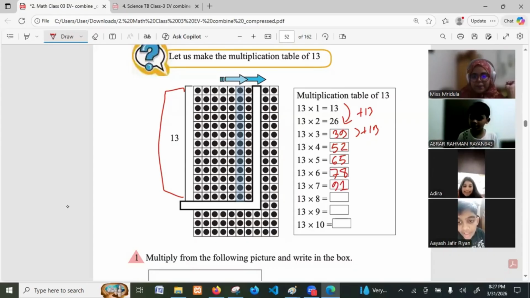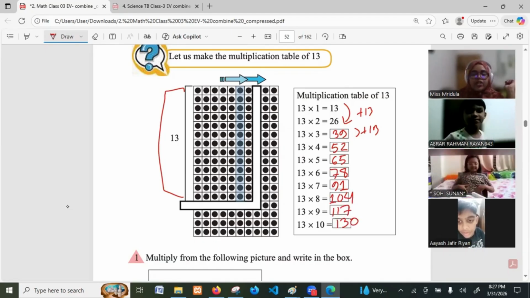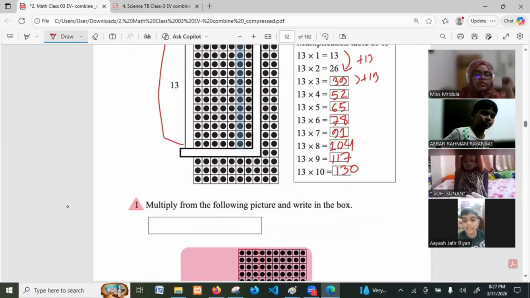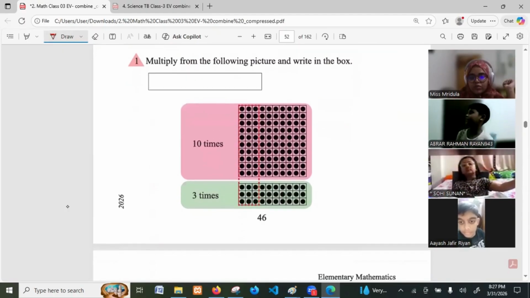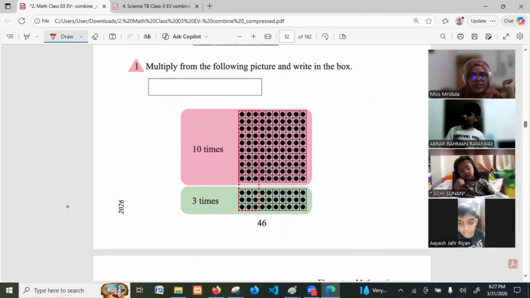Very good. Then 104. Yes. Then 117. And then 130. Very good. So I got to know that a lot of you know the times table of 13. It's a very joyful moment that my students know the times table of 13 as well.